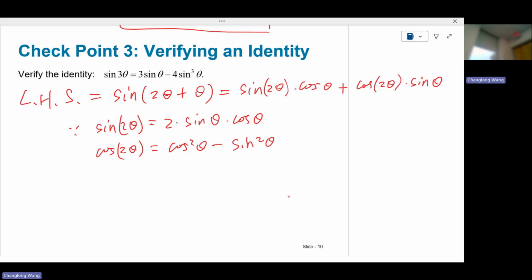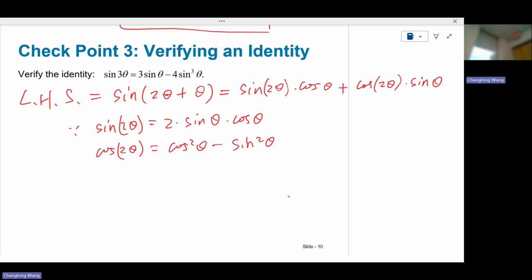Well, it will hit the sine square to get you sine cube. That's actually what you want to see on the right-hand side. But when it hits the cosine square, it's making the power a bit too high. We want a higher power, but not in cosine. We want the higher power in the sine. So maybe you can use another form that only has the sine square in it, right?